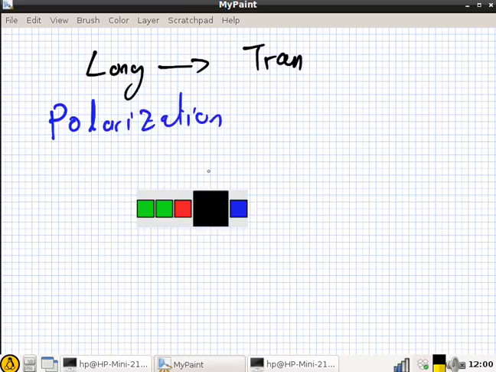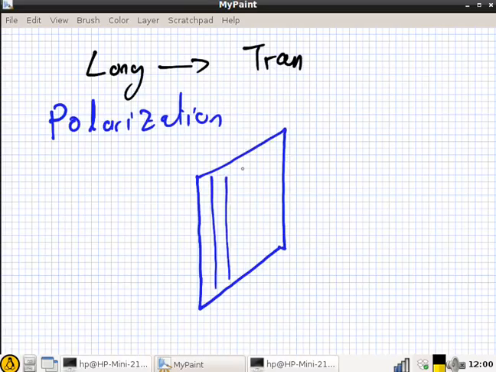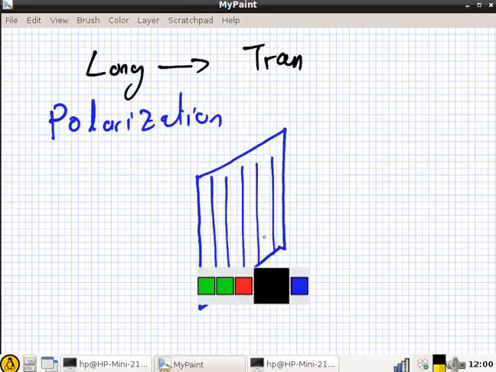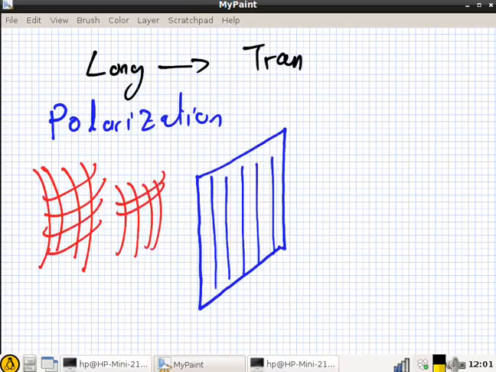I'll try and draw it here. It's not too difficult. So here is our longitudinal wave. It's very difficult for me to draw, but it's coming in like this.